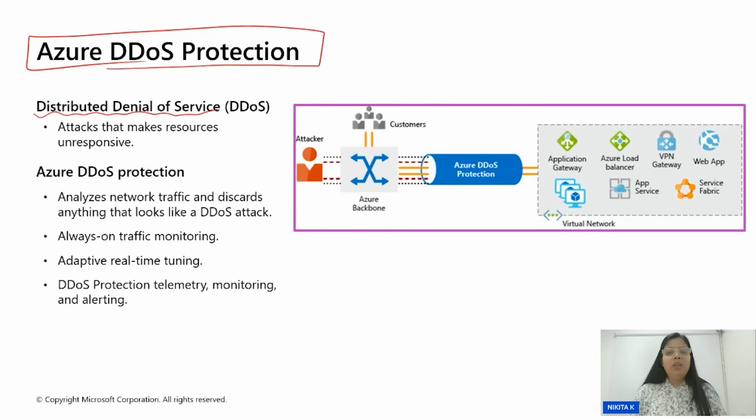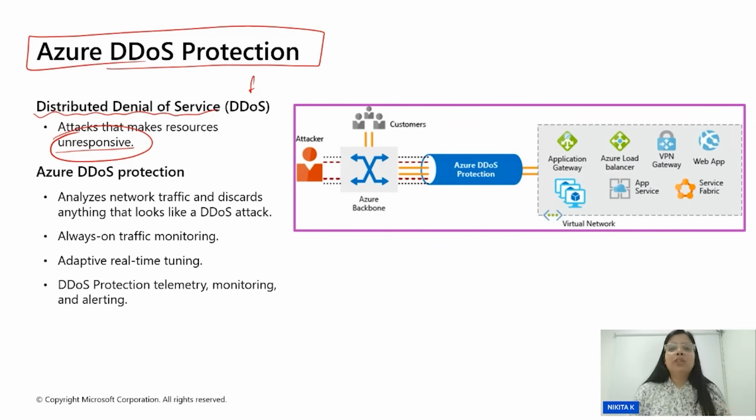Or let's say I have given the JEE exam and I want to see the result, but due to the huge traffic, the system goes down or the website is not responding. That is DDoS, by which the attacker tries to inject a huge amount of traffic on the resources, and you can't access it, or the site or the resource becomes unresponsive.